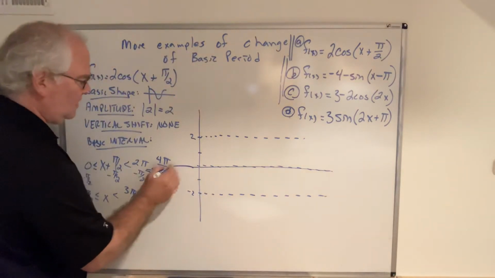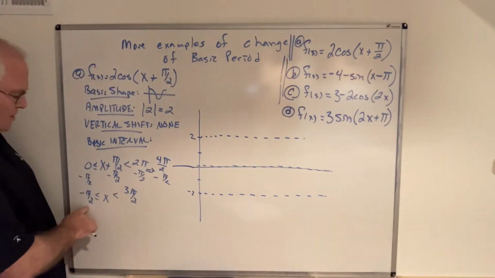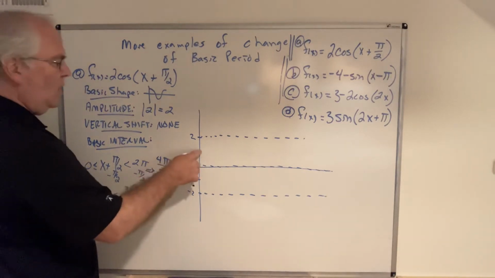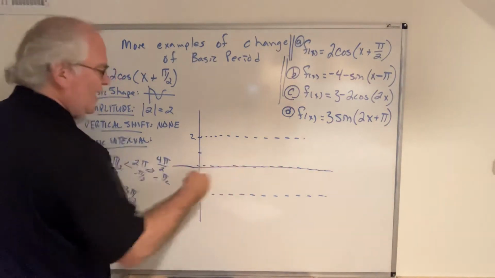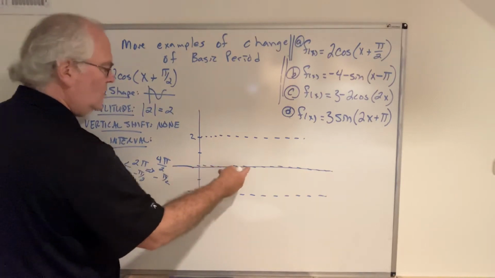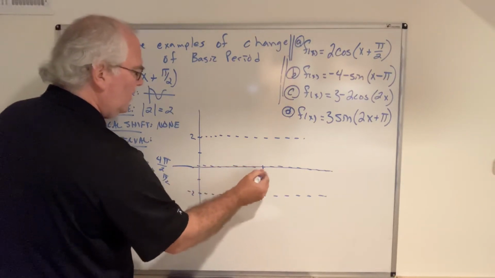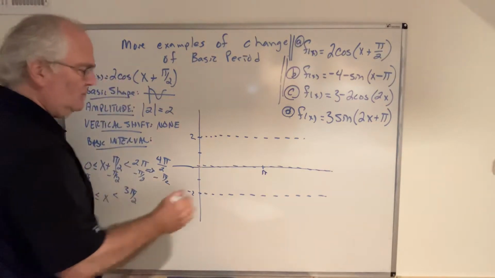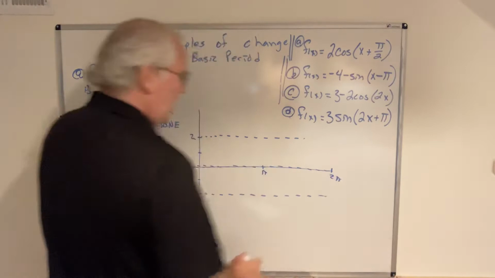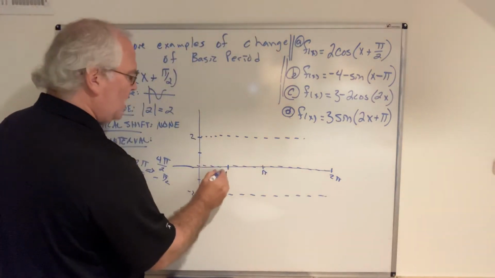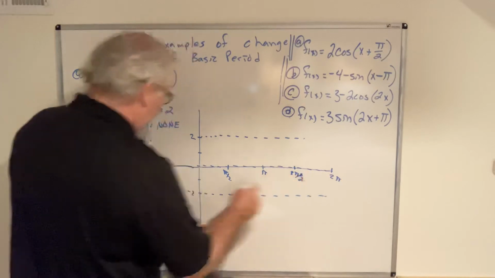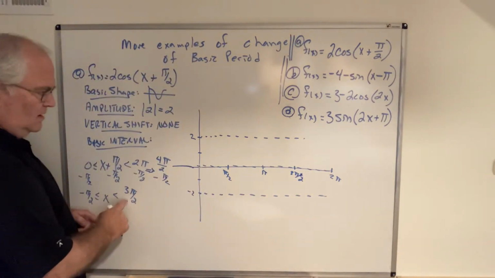Now I am going to need a little negative space here because I actually do bleed over here into the negative pi over 2. So if this is 1, now I'm going to score off my x-axis. This is 1, so there's 1, 1, 2, 3, and a little more, there's pi. Which means if that's pi, there's 2 pi. And I don't actually need to go that far because here's pi over 2, here's 3 pi over 2, and that actually is my right sideline.